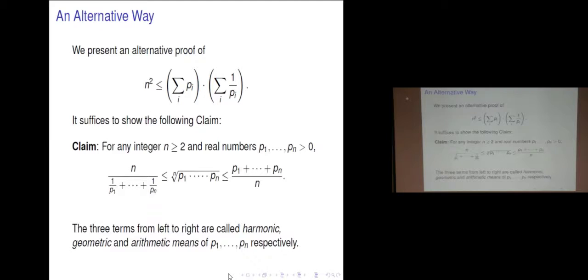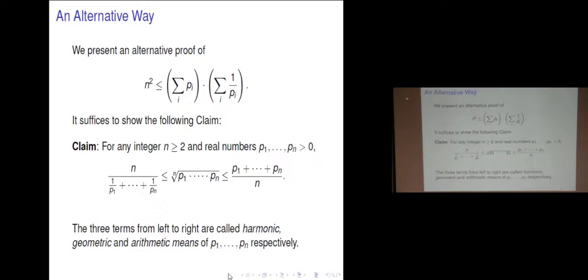This argument uses some facts about arithmetic mean and geometric mean. I don't know whether you heard of it when you were in JC. If not, let's go through it. It's interesting.